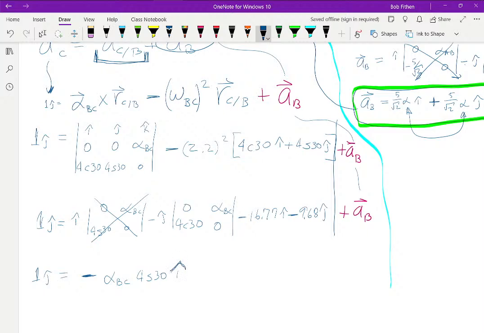The I is that minus that, but the minus minus gives me back a plus for cosine 30, minus 16.77 I minus 9.68 J.